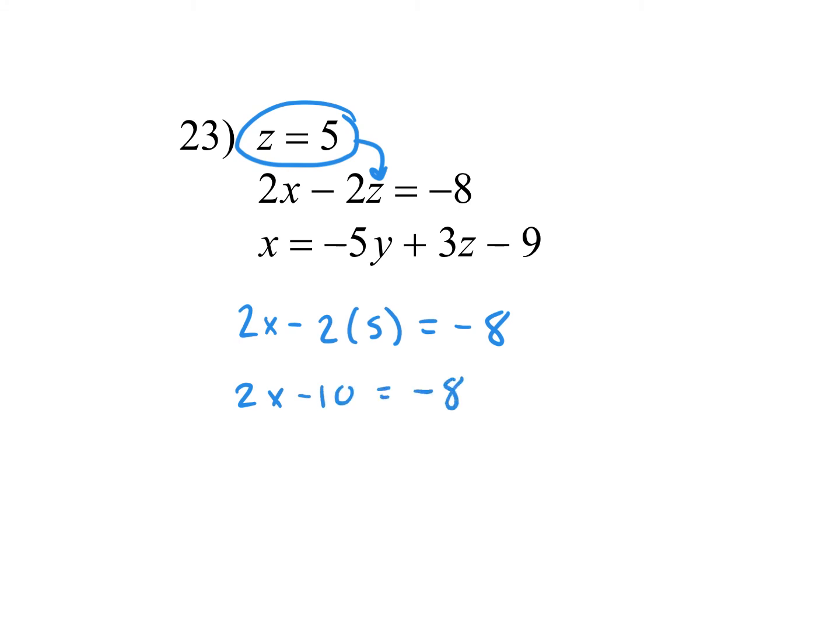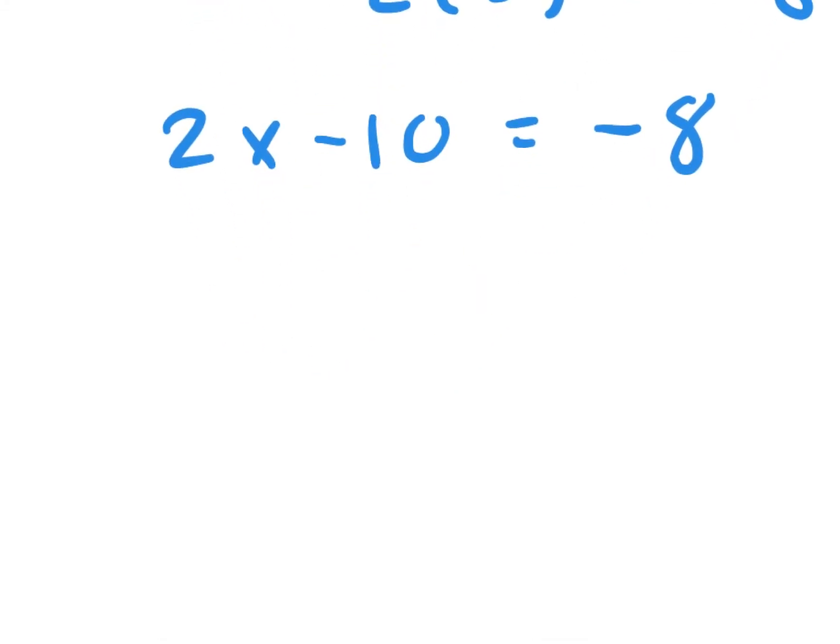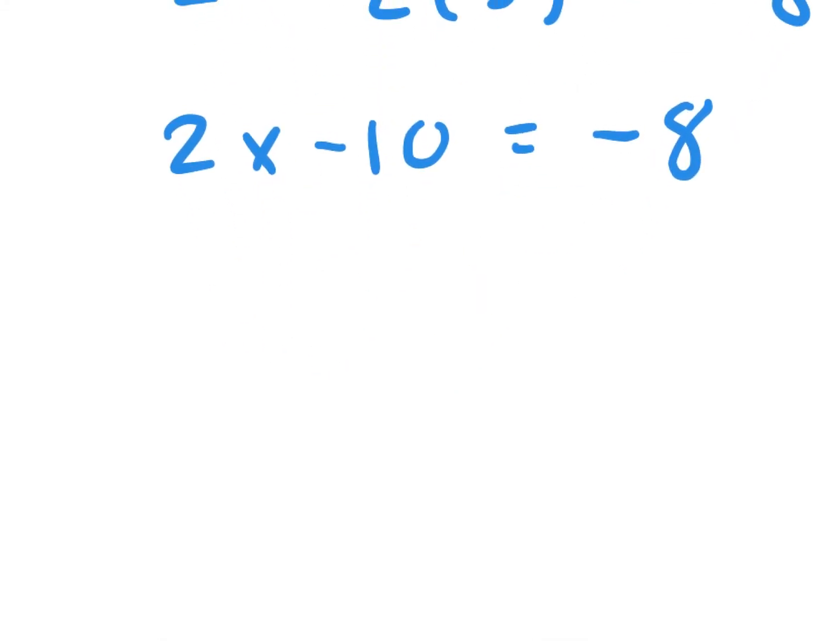Eli, what should I do next? I'm solving for x, so how do I move everything else to the other side? What's the opposite of negative 10? So plus 10. So I'm going to add 10 to both sides.